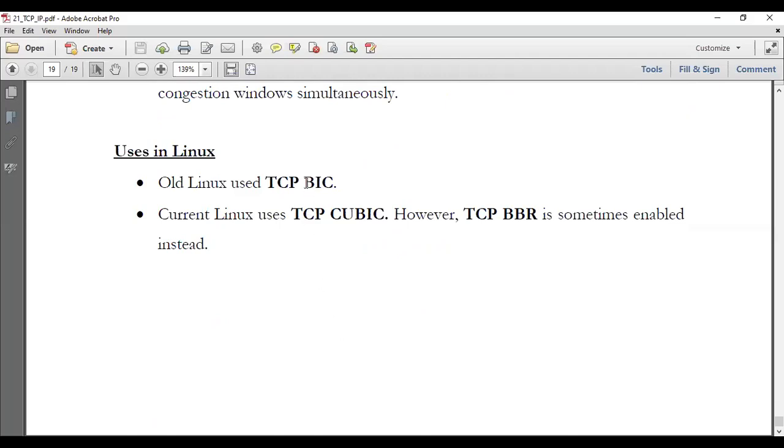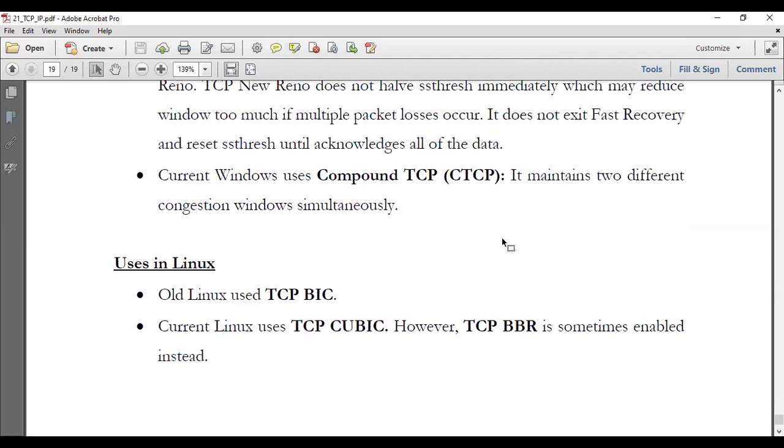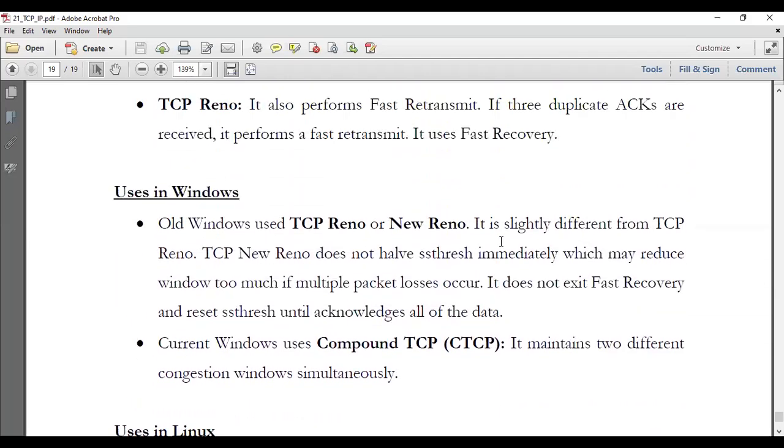Earlier it was TCP BIC. Now the one they use currently is TCP CUBIC, but optionally you can have TCP BBR. It also depends on the packet error rate or packet loss rate, so what can be more appropriate for your case? But as I say, there are almost a dozen or probably even more TCP versions available.